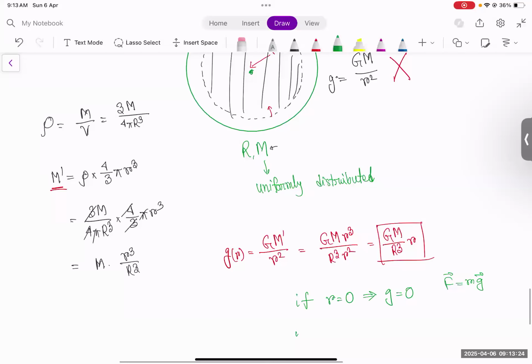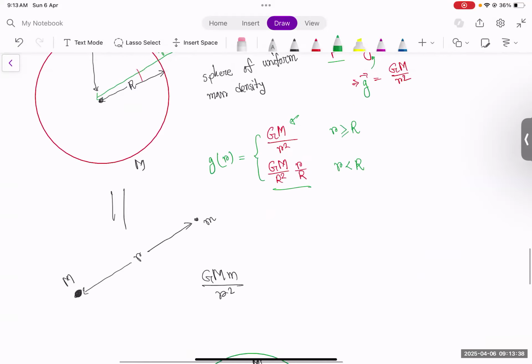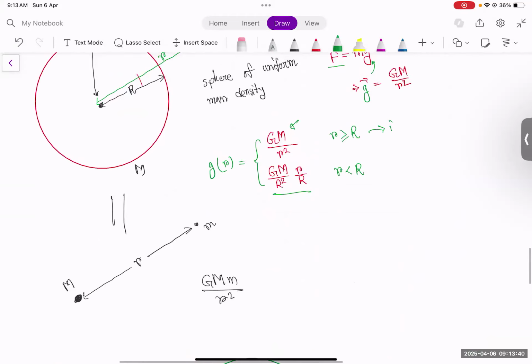You can also take another boundary case: if r is equal to R, so if you are at exactly the surface, your g becomes GM by R squared. And that is the same for the outside case as well. If r is equal to R, g is equal to GM by R squared.